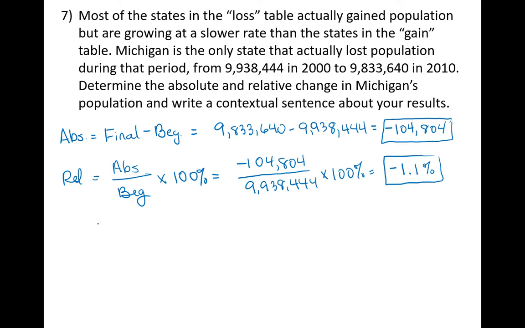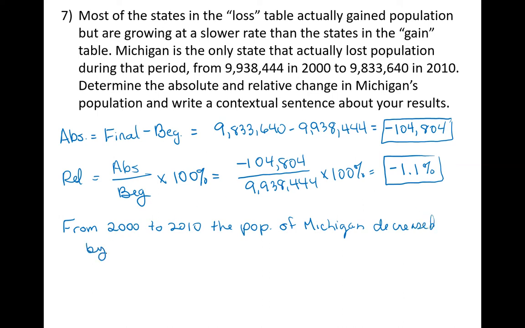If we wanted to write a sentence, we could say something like, from 2000 to 2010, the population of Michigan decreased by 1.1%.